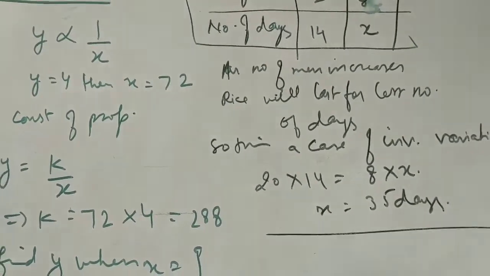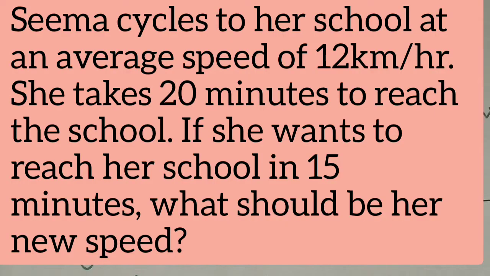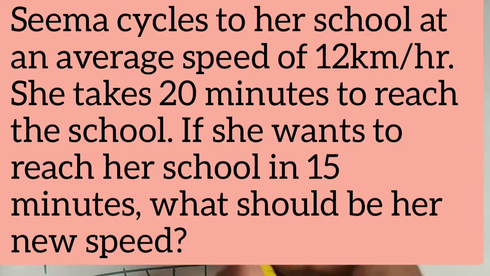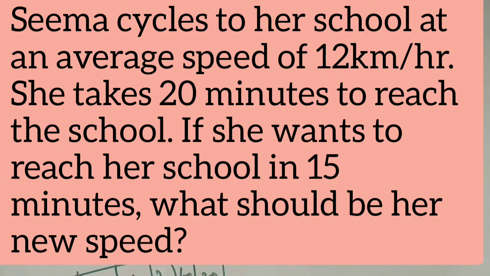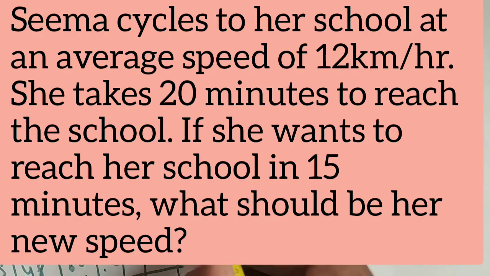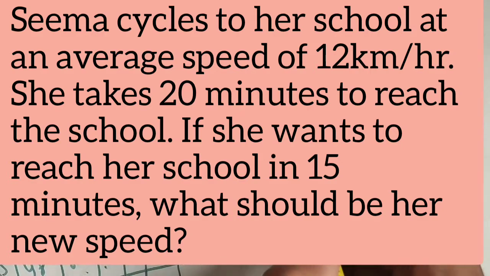Okay. Next we can see, Seema cycles to her school at an average speed of 12 km per hour. There is average speed 12 km per hour. It takes her 20 minutes to reach the school. Now time taken is 20 minutes.